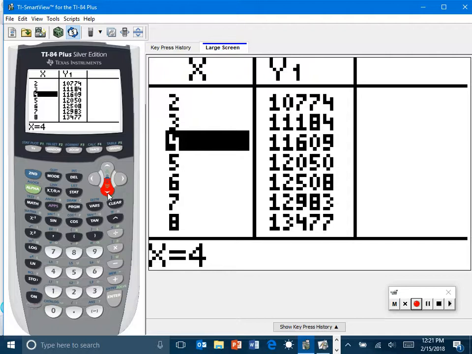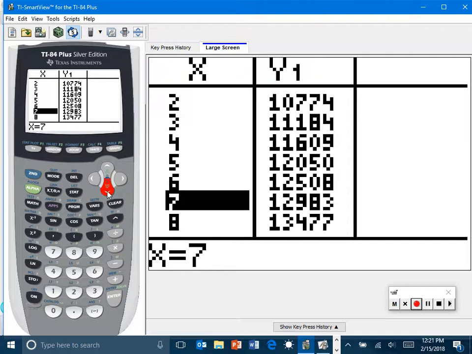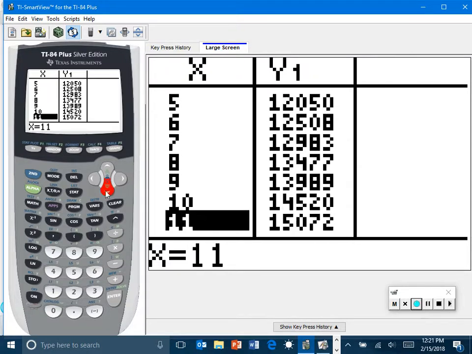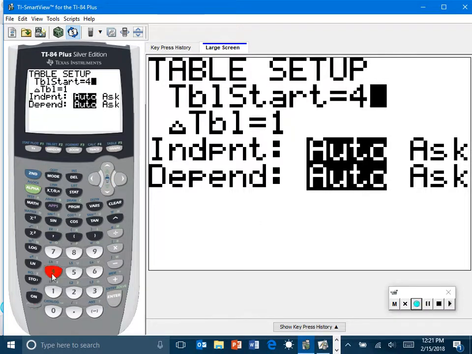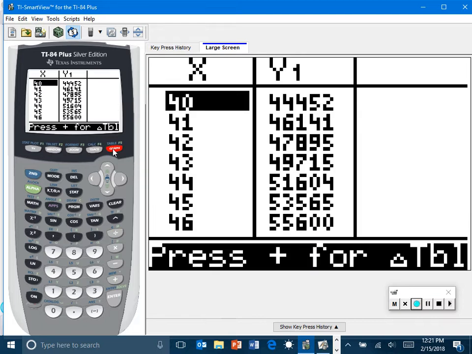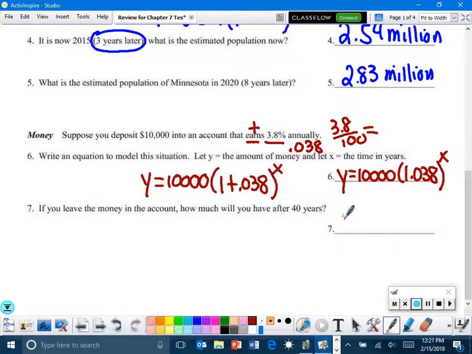Now we have to go to 40. Now I'm going to cheat here. I'm going to jump to 40 because my calculator's too slow. You can just scroll to 40. All right, there it is. Hey, that's pretty nice. $10,000 turned into $44,452.